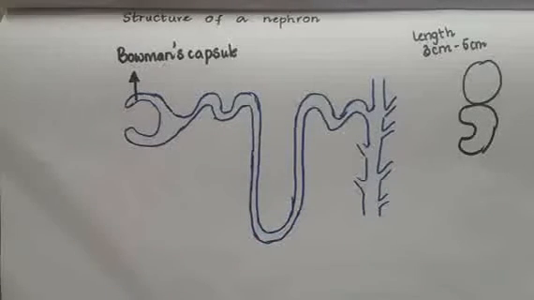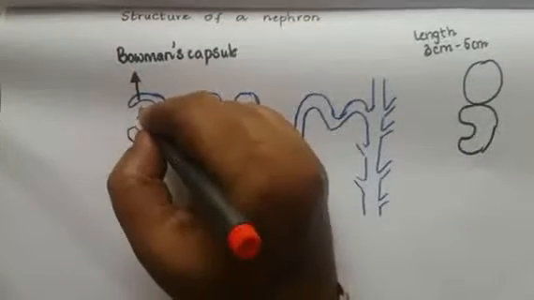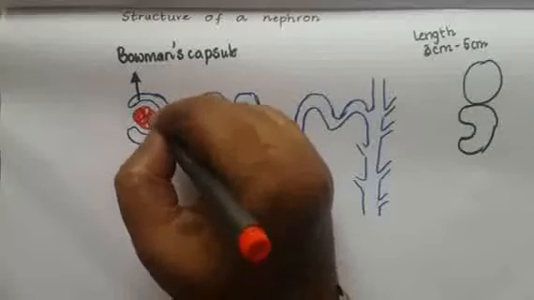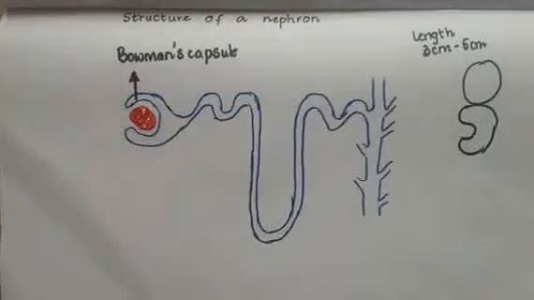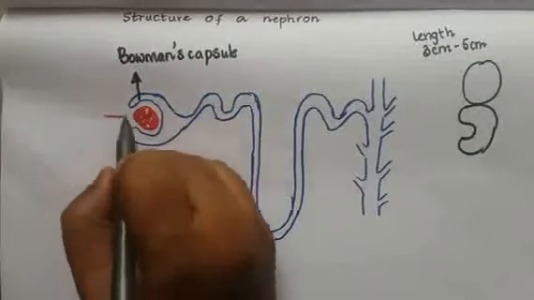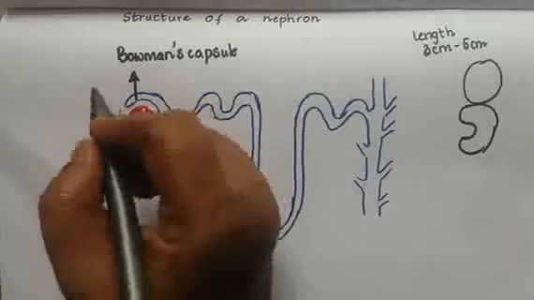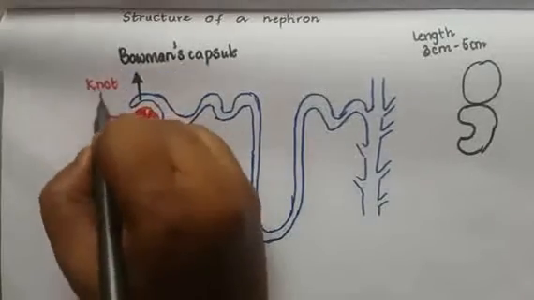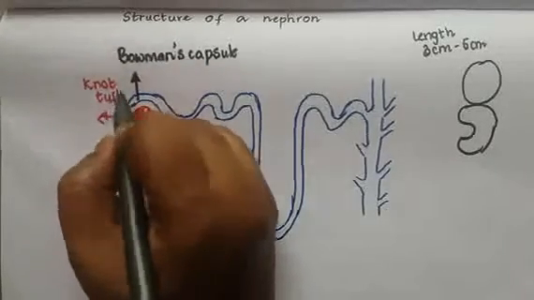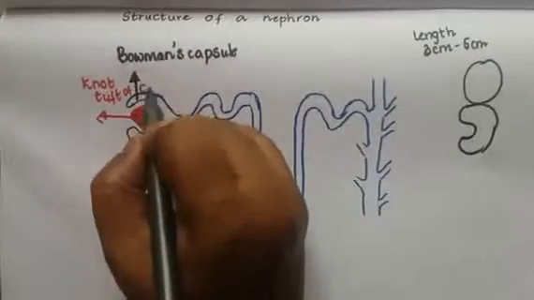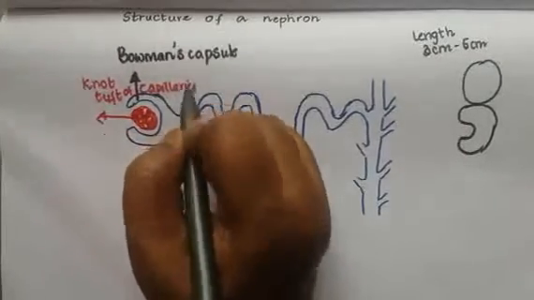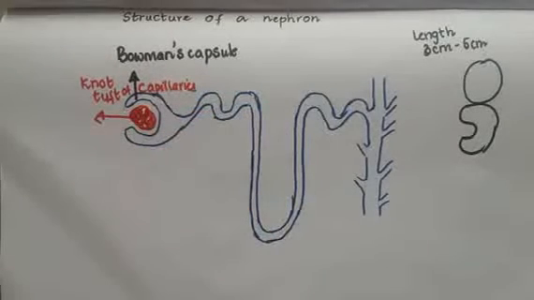And this cup-like structure encloses a number of capillaries, or you can say you can find a tuft of capillaries, or a knot of capillaries, inside the Bowman's capsule.